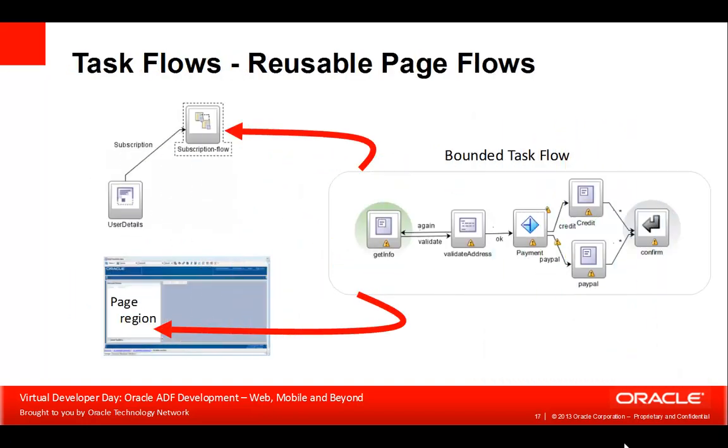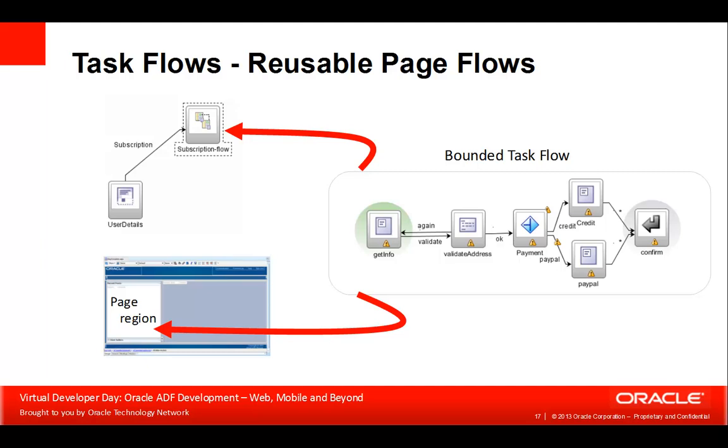So here we see actual task flow development. And here we've got a bounded task flow that's under development. And when we go ahead and define out the different elements inside of the task flow, those elements are then backed by either a page that is defined by that element, an activity that that element may be referencing, a call out to another task flow, or any other item that we want to have as an executable.